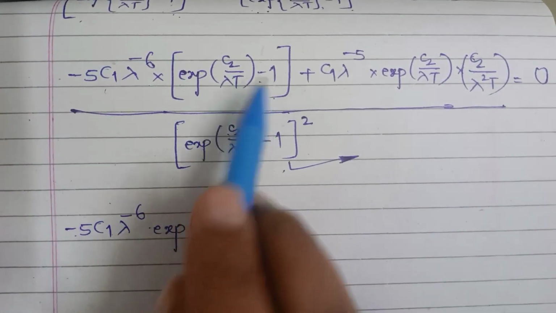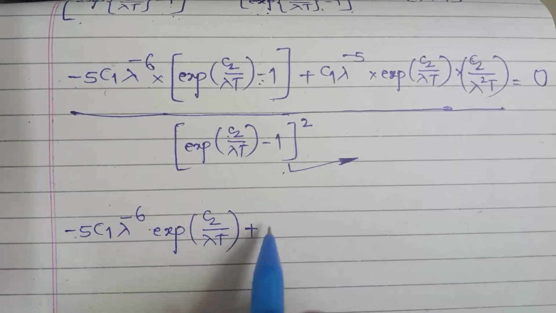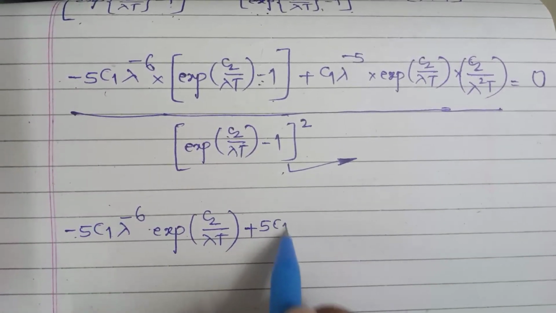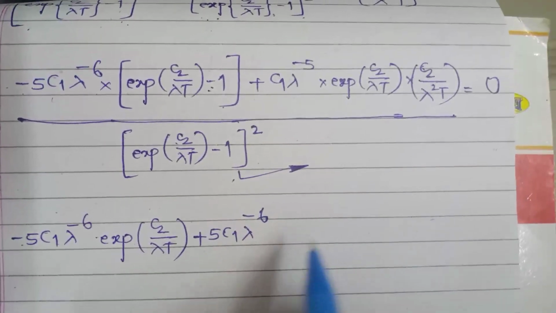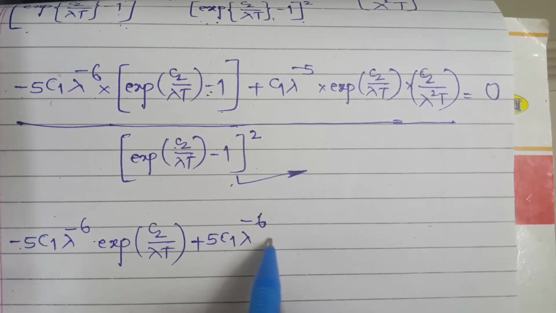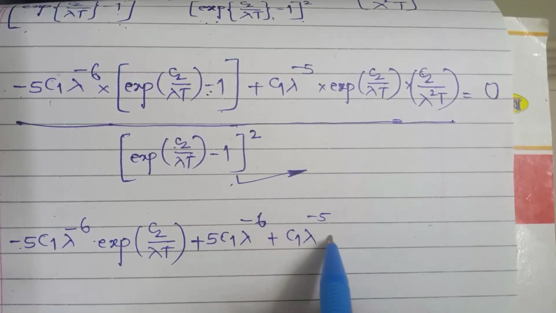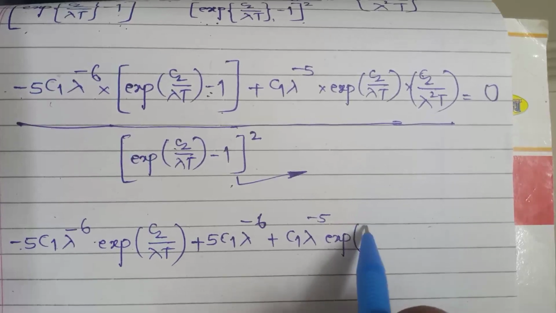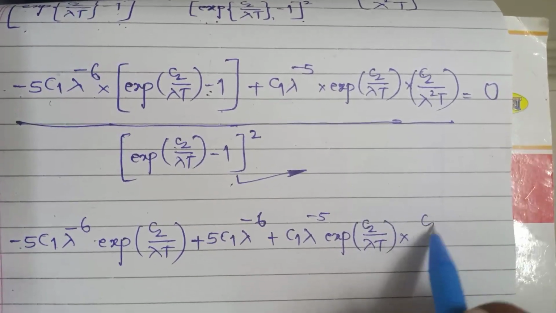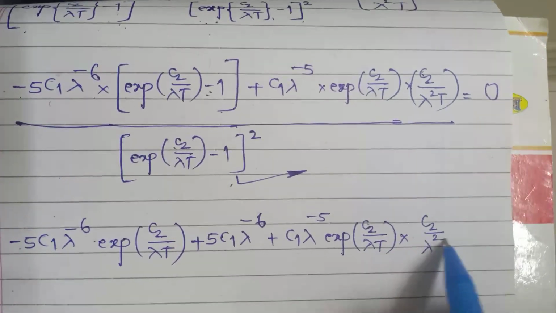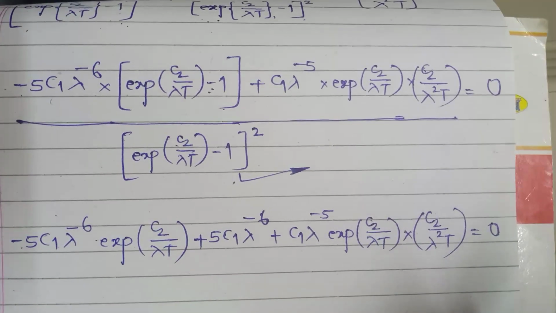Now the second term is minus 1, so this minus and this minus will become plus. So plus 5 c1 lambda raised to minus 6, finished with the first bracket, and the second term will be c1 lambda raised to minus 5 and then exponential of c2 by lambda t multiplied by the whole term c2 by lambda square t. This should be entirely equal to 0.